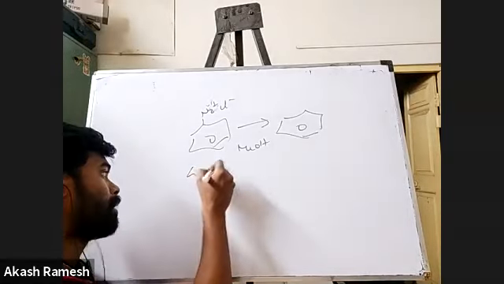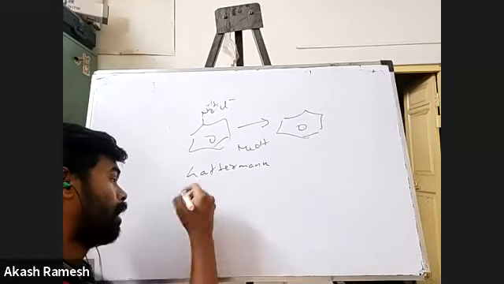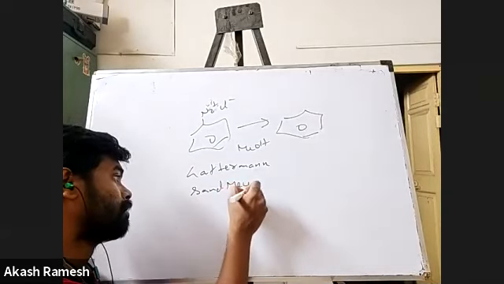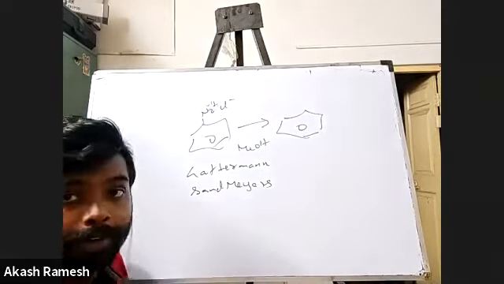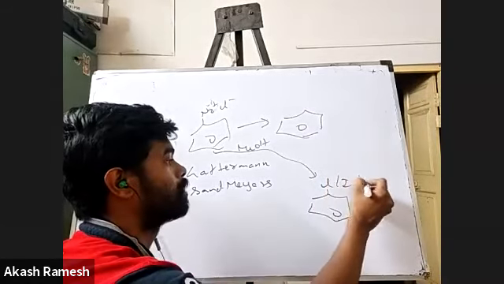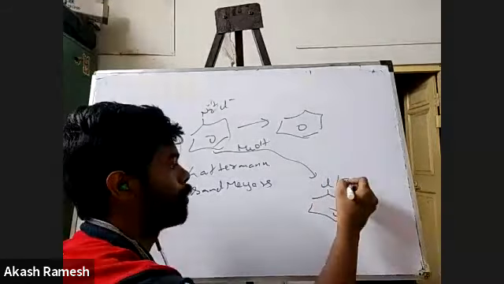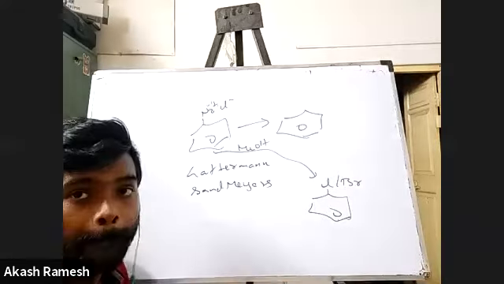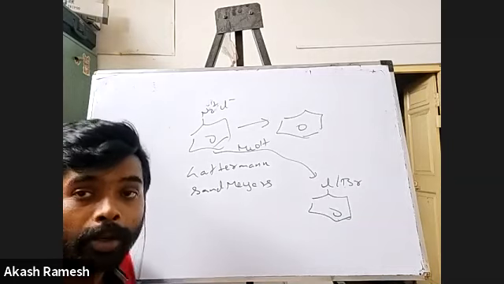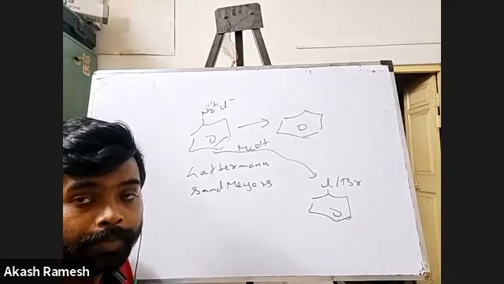You have the Gattermann reaction and you have Sandmeyer's. These two are very important. So what happens in Gattermann? Basically this gets converted to chlorobenzene or bromobenzene; iodobenzene will not work. What is the reagent for Gattermann?